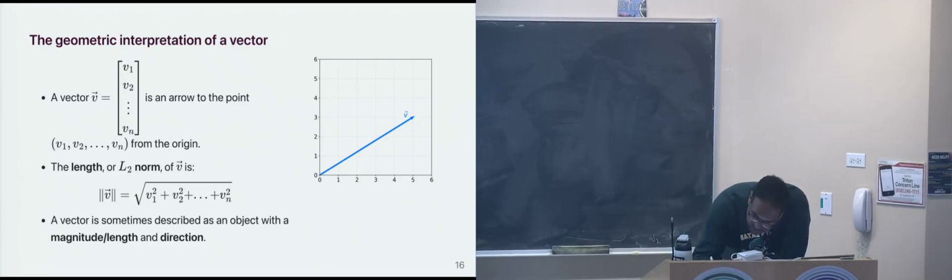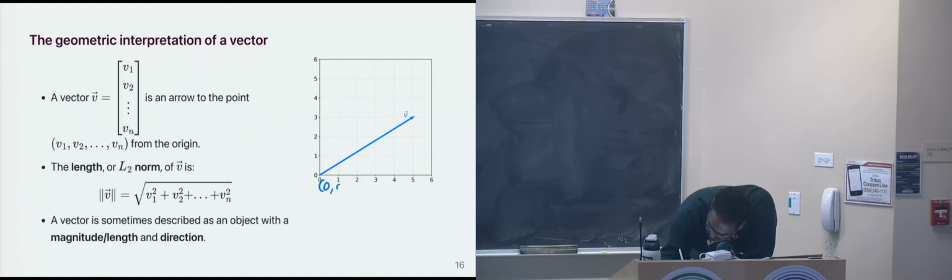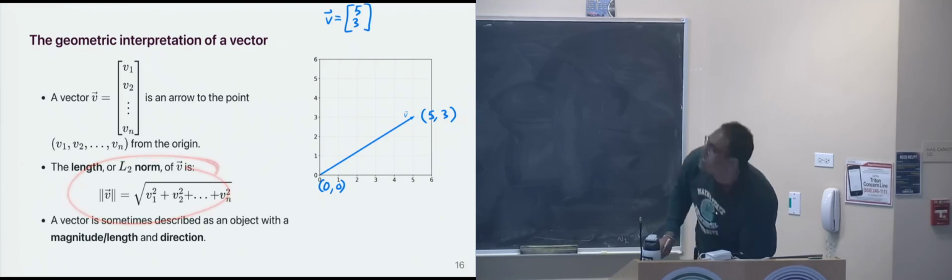In this case, my vector is going from the origin to the point 5, 3. So I might say my vector v is of the form 5, 3. Do we agree?